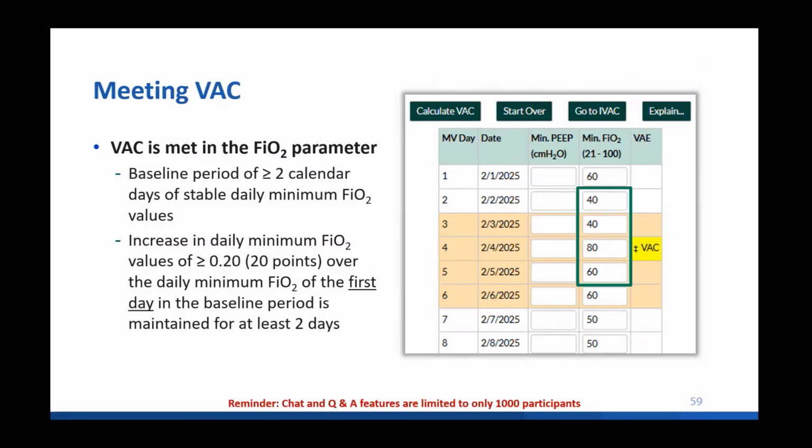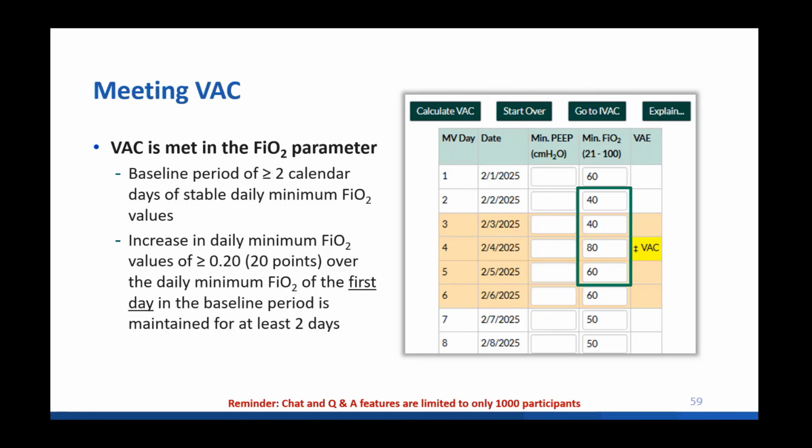In this example, VAC is met in the FiO2 parameter. There is a baseline period of 2 calendar days of a stable daily minimum FiO2 of 40 on mechanical ventilation days 2 and 3, followed by an increase in the daily minimum FiO2 values of at least 20 points over the daily minimum FiO2 of the first day in the baseline period that is maintained for at least 2 days.